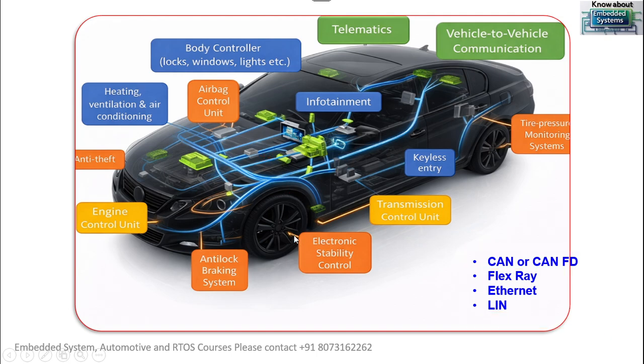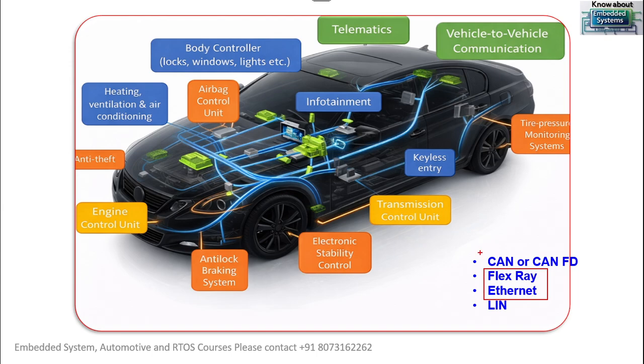Now we will understand two different scenarios: why we have to use CAN and why we are not using FlexRay and Ethernet. FlexRay and Ethernet are also used, but they are very high speed communication protocols and they are very costly. Both can carry more bytes of data, and they are very costly when you design an automotive system with the help of FlexRay and Ethernet.